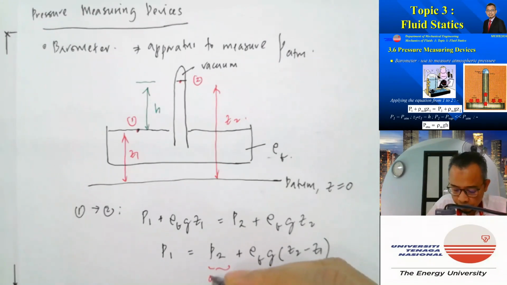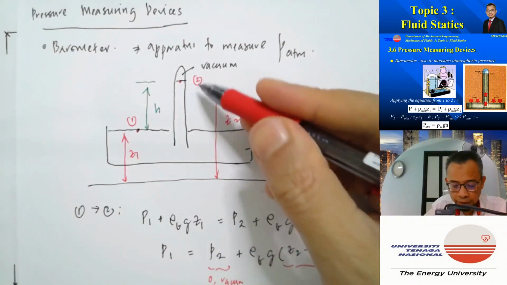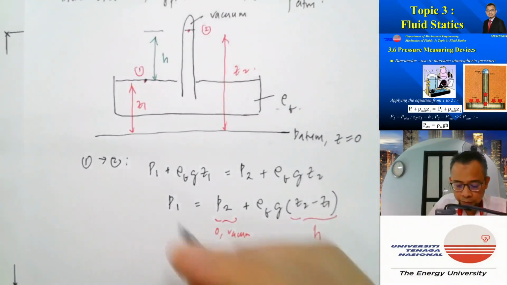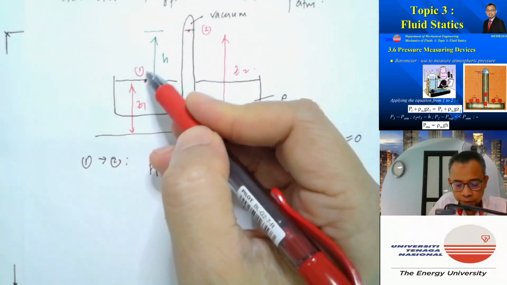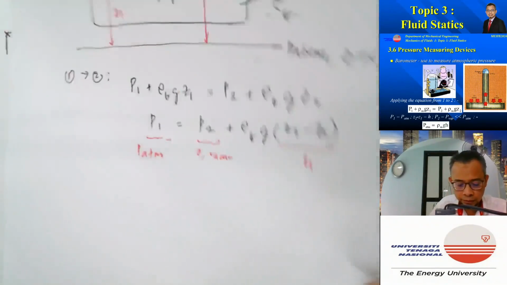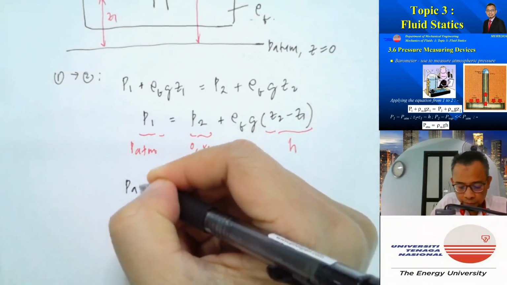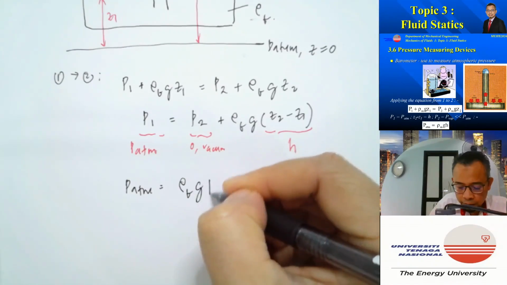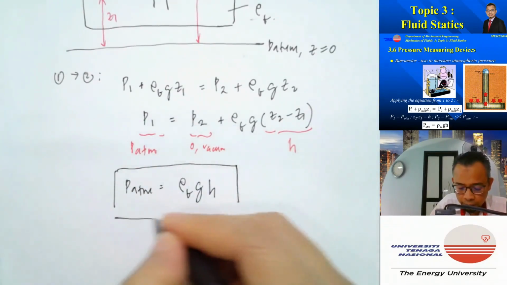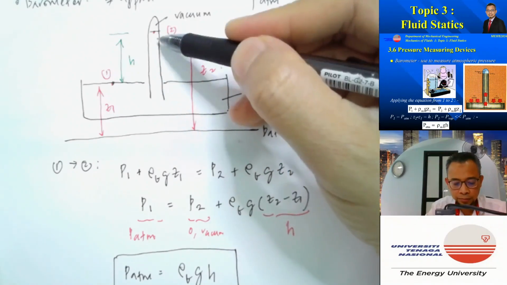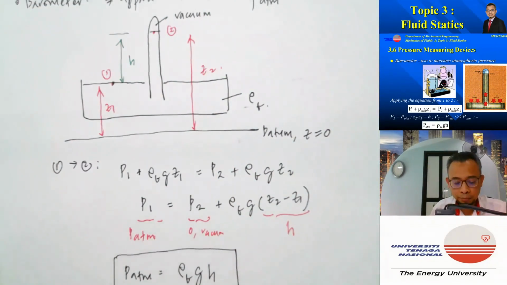P2 is 0 because it's vacuum, and then Z2 minus Z1 is equal to H. And P1 here, since it's open to atmosphere, is equal to PATM. So I can write PATM is equal to rho fluid GH. So by knowing the height at which this fluid column rises, I can obtain PATM.